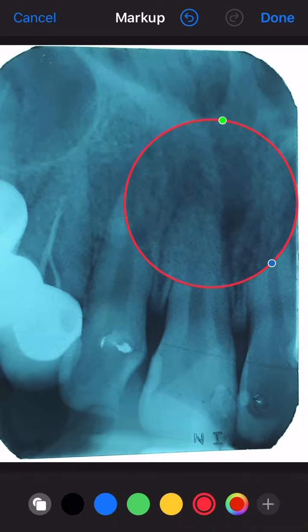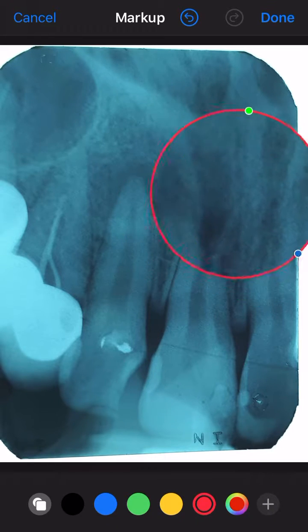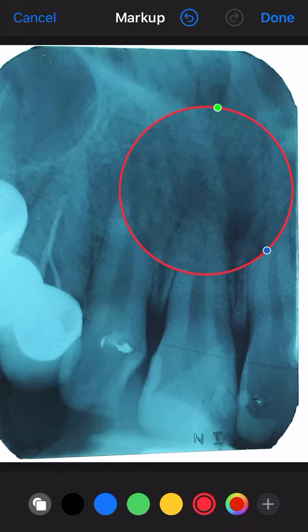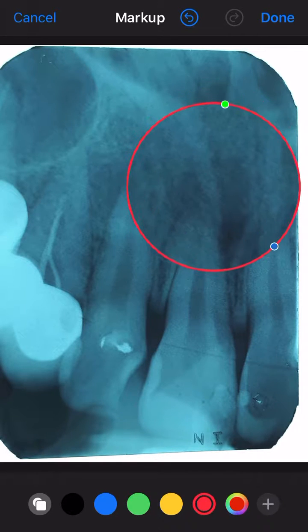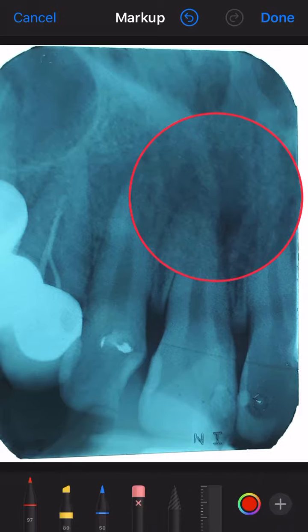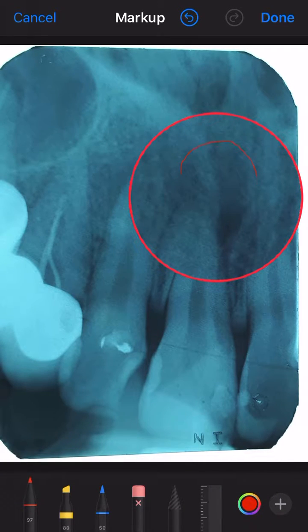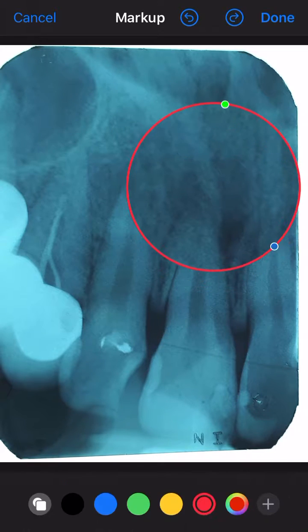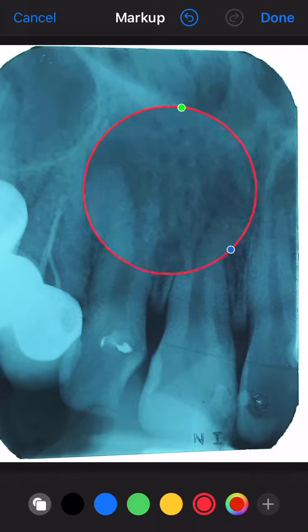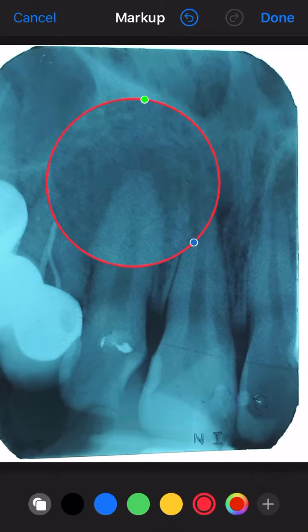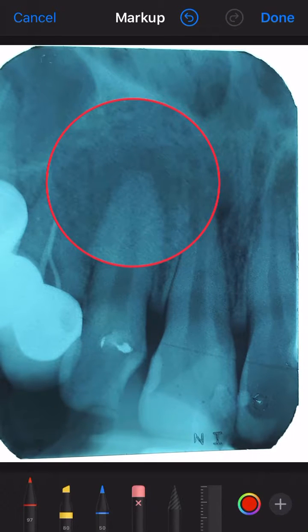The apex is also having a radiolucency which looks ill-defined or slightly well-defined, but towards the upper part of the tooth this area looks ill-defined, right? And then next is your lateral incisor. It looks completely ill-defined, a large radiolucency extending to the apex of the canine.